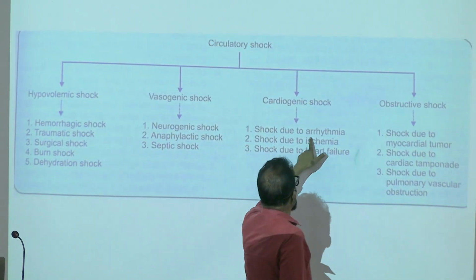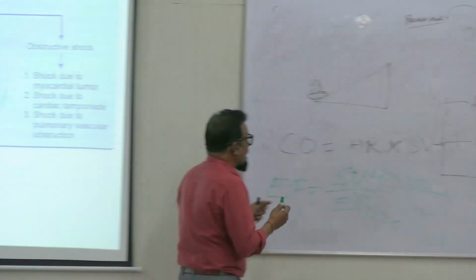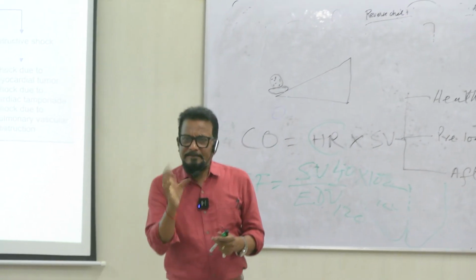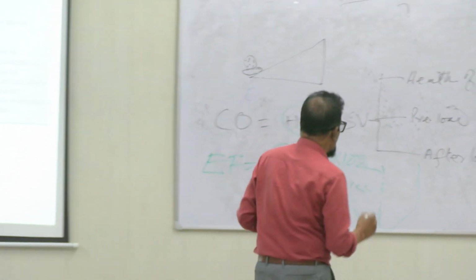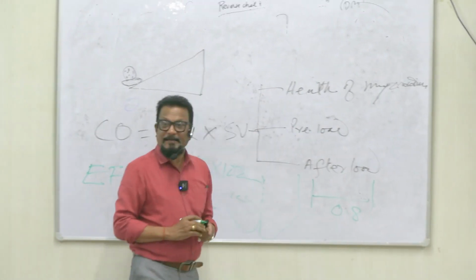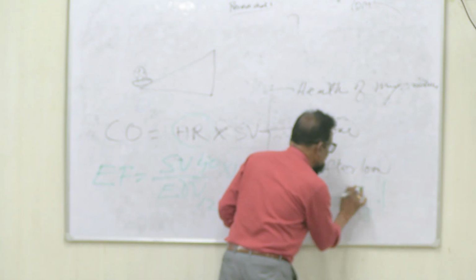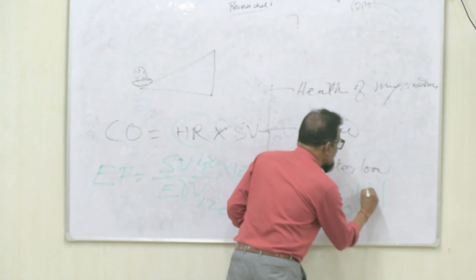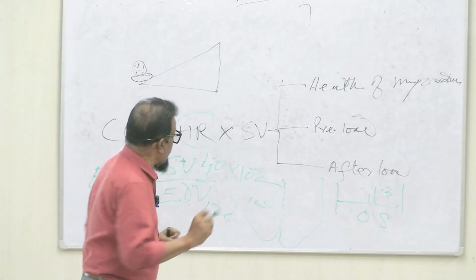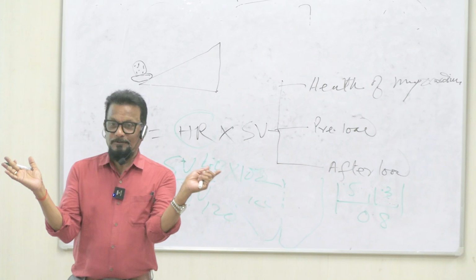In arrhythmia, what happens? The heart rate is affected. We know normally the cardiac cycle length is 0.8 second. Out of this, 0.3 second is for ventricular systole and 0.5 second is for diastole.